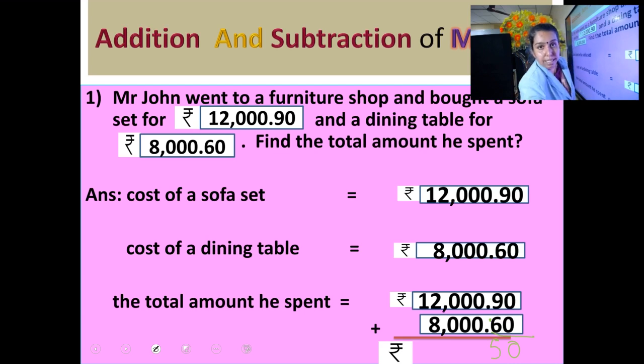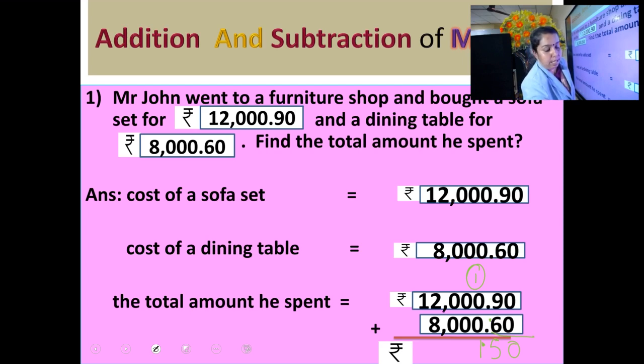So carryover is there, isn't it? 15, so the carryover, you have to write just above the ones place. Before that, you have to put a point. It's important. If there is a point, you have to put a point. After that, add the digits in the ones place. So 1 plus 0 is 1. 0 plus 1, 1 itself.